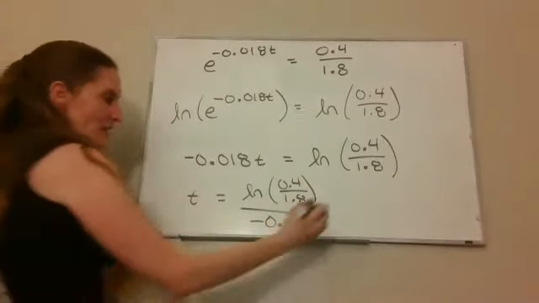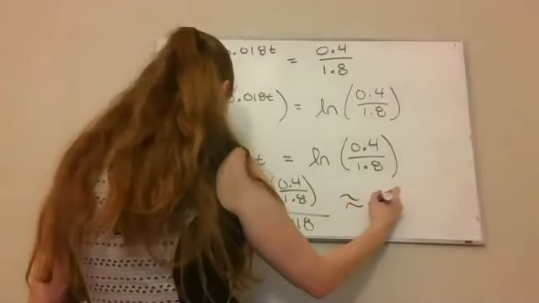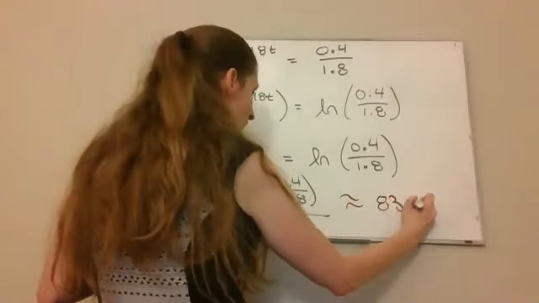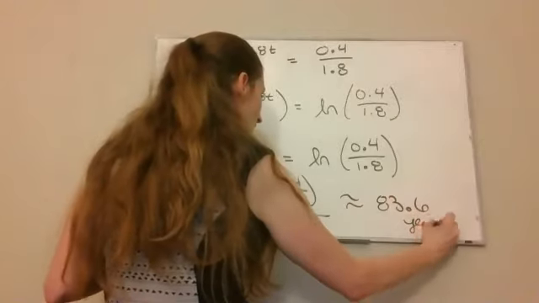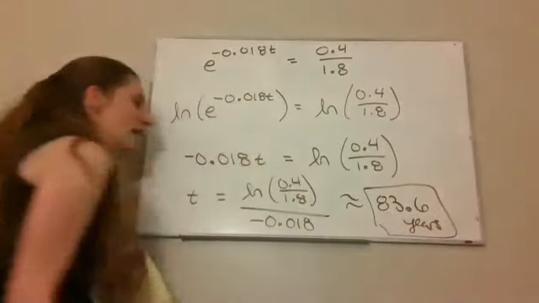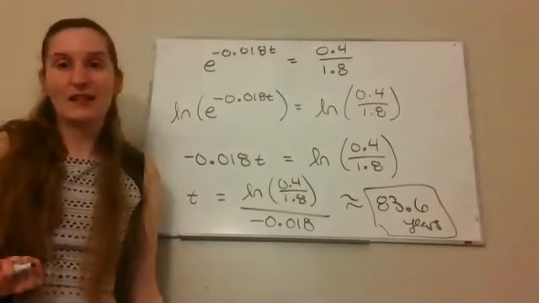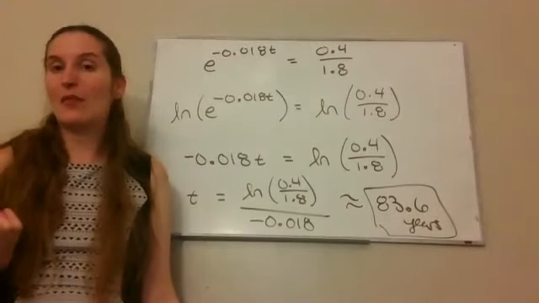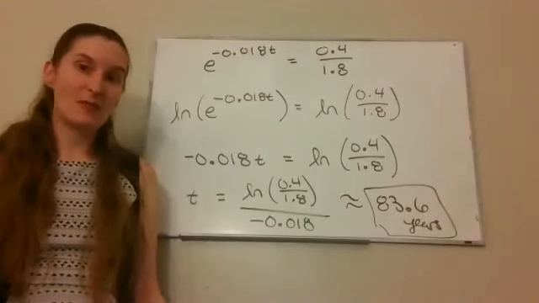If you type that into the calculator, you get that this is approximately 83.6 years. So it'll take about 83.6 years for that population to double and reach that 68 million point.